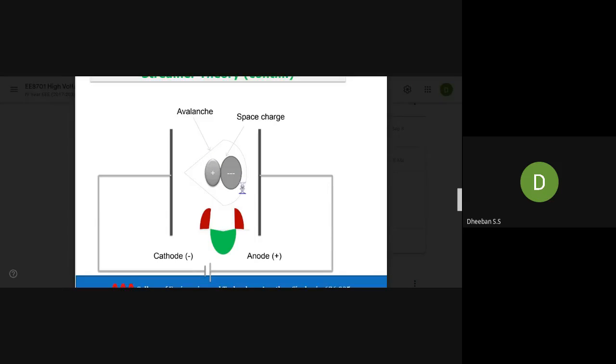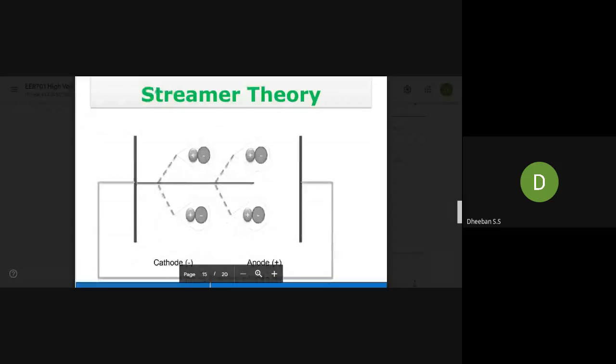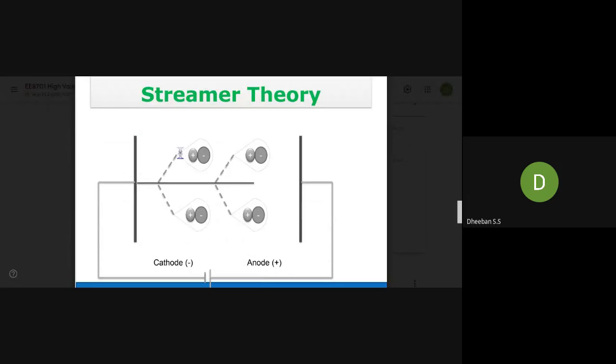Okay. So the next diagram will help with understanding. This spark will tend to give rise to a stream. So this refers to a streamer. Okay. It will be like a stream-like structure. How it is happening is through the increase in your space charge, you can say.